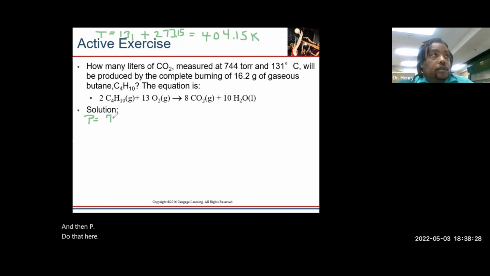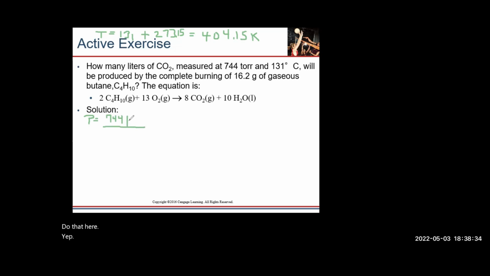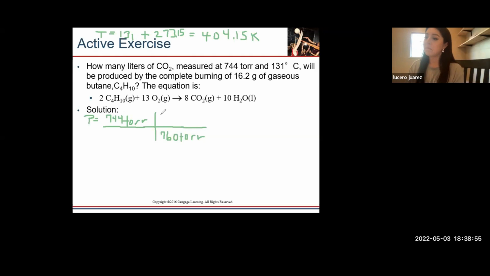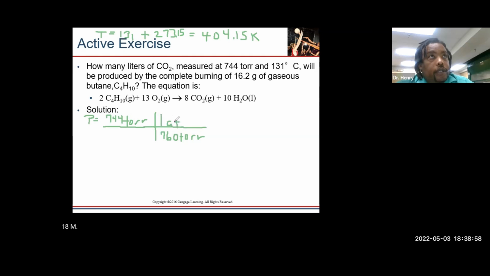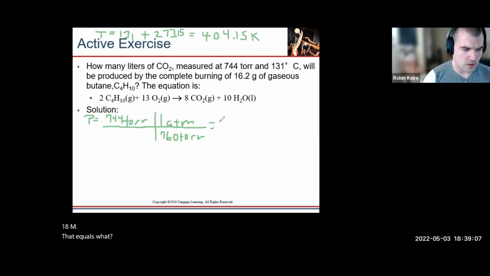Should you do 744 divided by 760? Yep. That equals 0.979 atm.